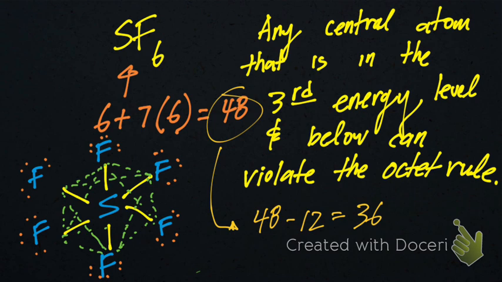So bromine, can bromine get more than 8? Bromine is below sulfur, so yes, bromine can get more than 8. Can iodine? Yes. Can chlorine? Yes. Anywhere in the 3p, 4p, 5p block, they can have more than 8. Okay?